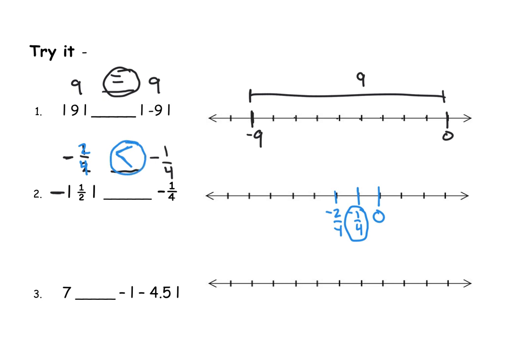And then for this last try it, we have just the whole number, 7, and then we have the absolute value of -4.5, plus we're taking its opposite. So let's just think about the -4.5 first. Let's plot that -4.5 so we can find its distance from 0. So there's -4.5.